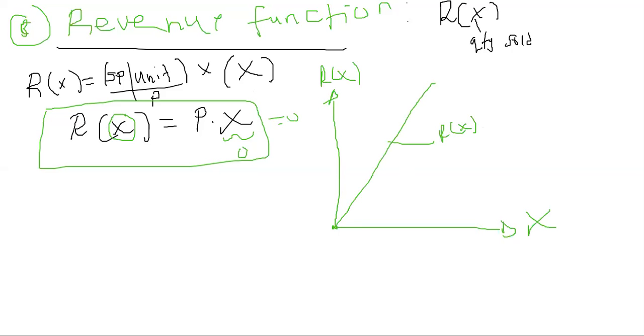So another function that is important is the cost function. We will see a lot of applications where we will talk about cost function. They will ask you to derive cost function, or profit function, or to calculate the revenue function, things like that.